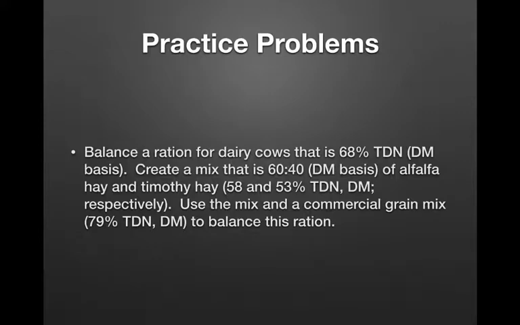You're going to create a forage mix that is 60% dry matter coming from alfalfa hay and 40% dry matter coming from timothy hay, and it gives you the TDNs for those two forages. Alfalfa is 58, timothy's 53, and you have a grain mix that's 79% TDN. So you're going to create a mix of hays and balance it out with a grain mix. Take a shot at this one and see how you do. Pause the video and work through it, then click play and I'll work through the solution.